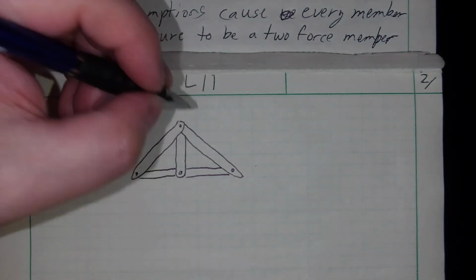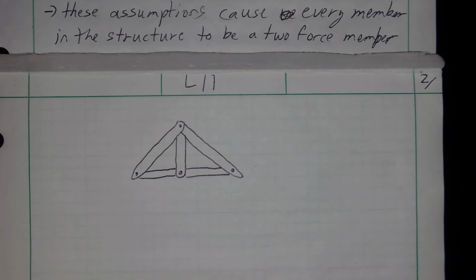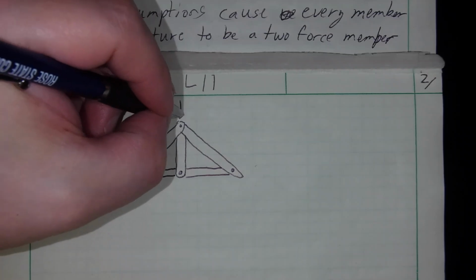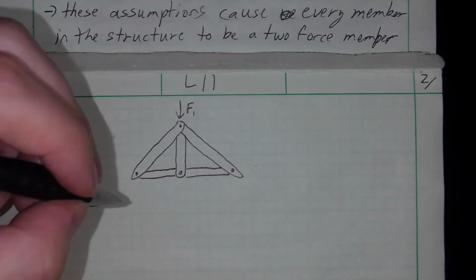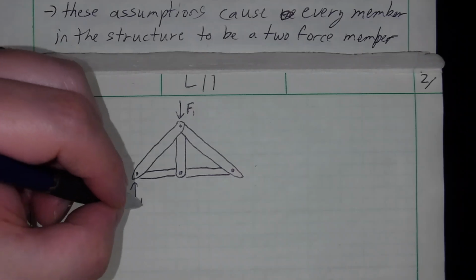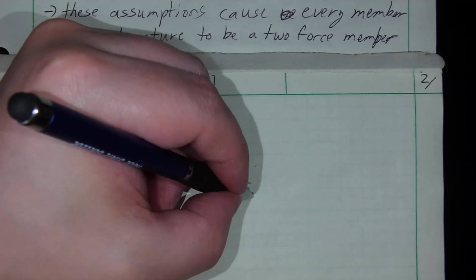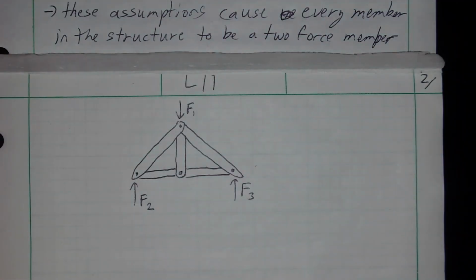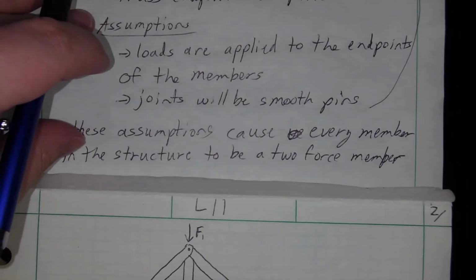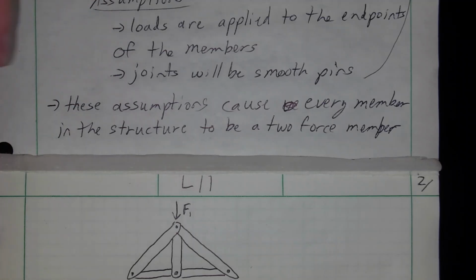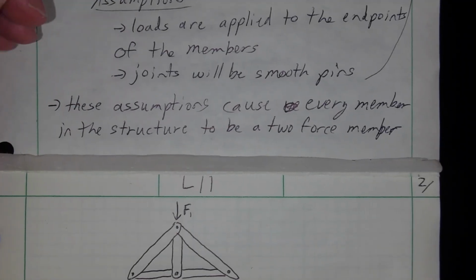And let's say I apply a force F1 here, and we apply a force F2 there, and we apply a force F3 there. If this is how we set this up, loads are applied at the endpoints of the members.